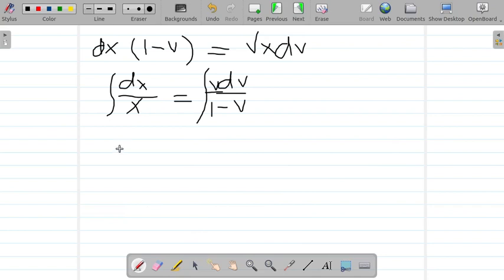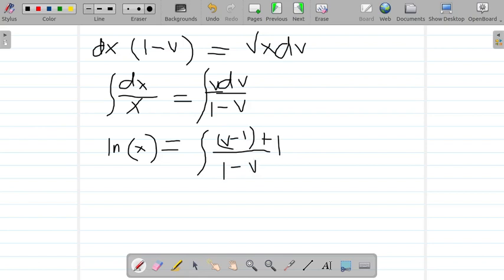Sorry. So, proceed na to, no? Integral of dx over x is just equal sa ln of x. Then, equals sa pwede na to ang numerator same as ang denominator is same as numerator. So, we can write this as v minus 1 plus 1 over 1 minus v dv.